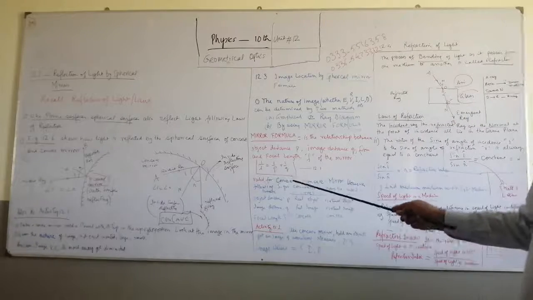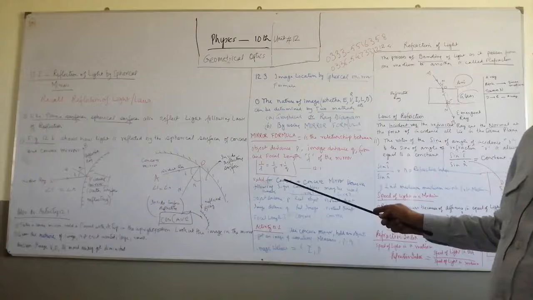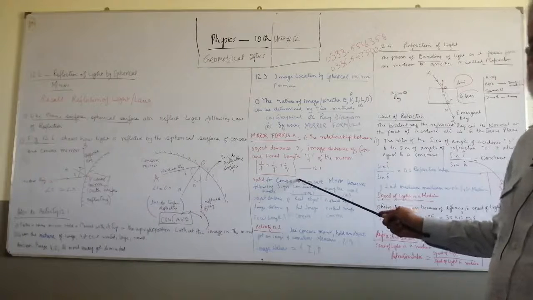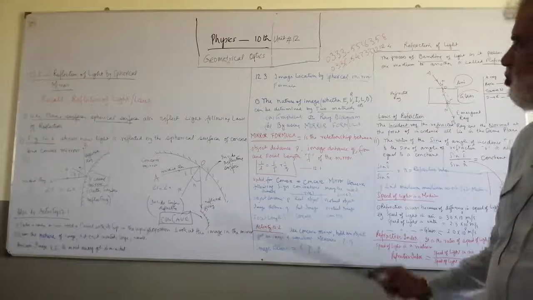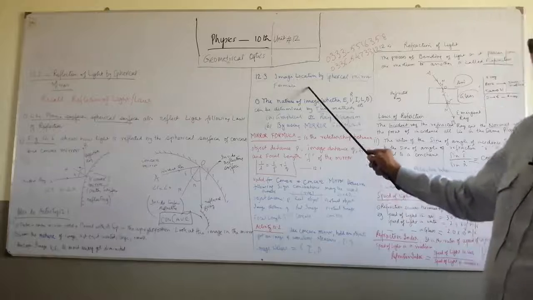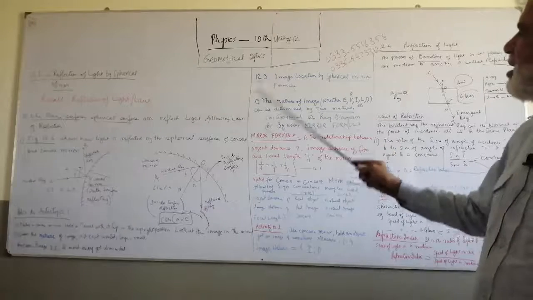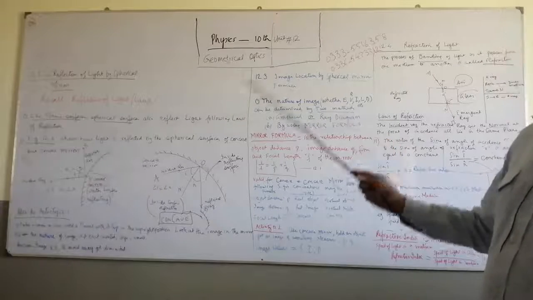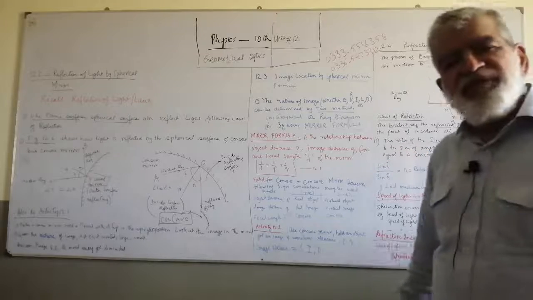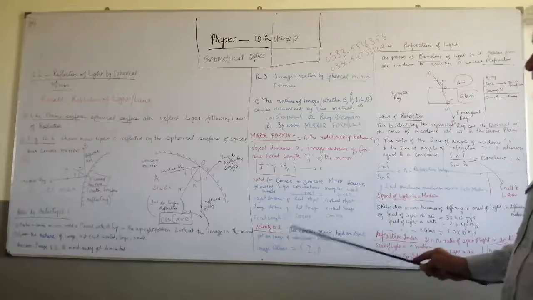Now this mirror formula: 1 over F is equal to 1 over P plus 1 over Q. इसकी मदद से भी आप nature of image को मालूम कर सकते हैं. Image location ये टॉपिक है ही इस चीज़ का कि how to find the image with the help of the mirror formula. Okay.